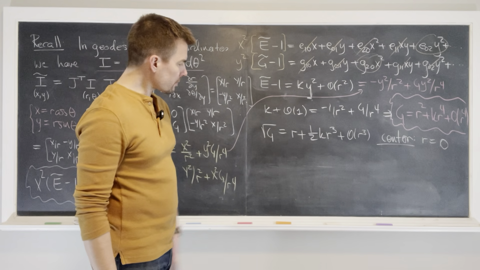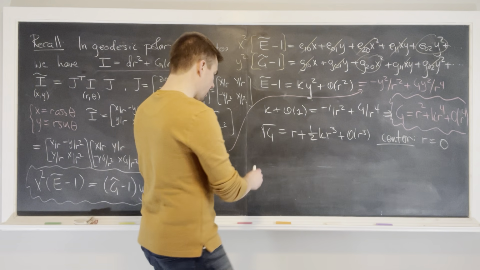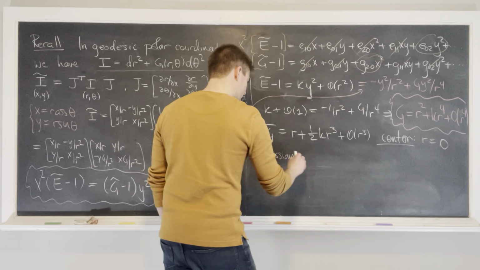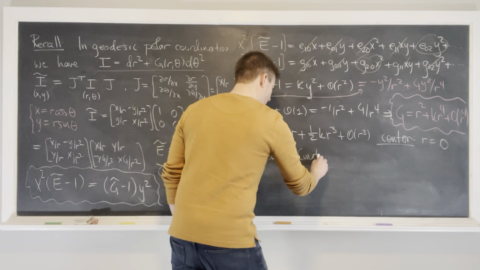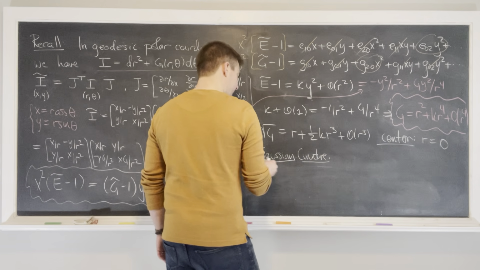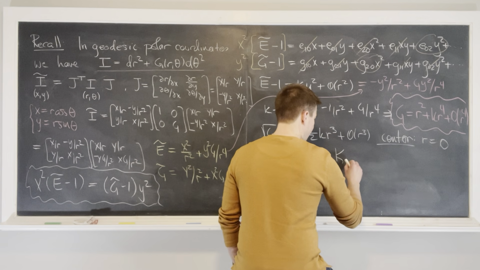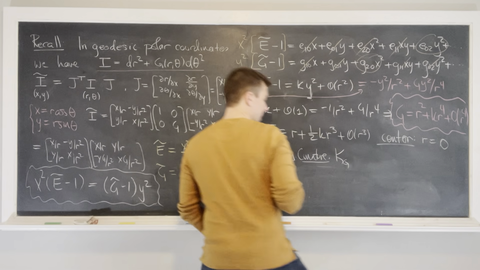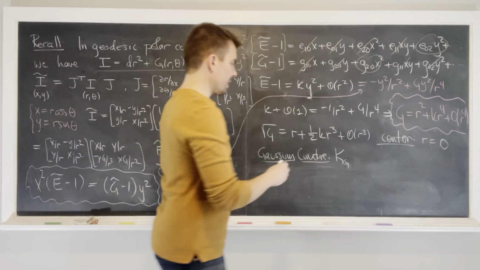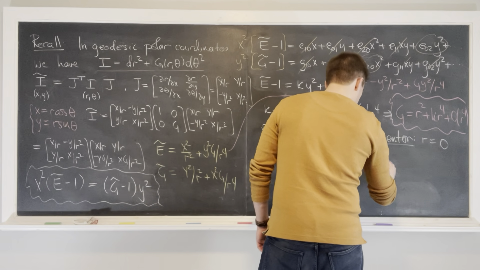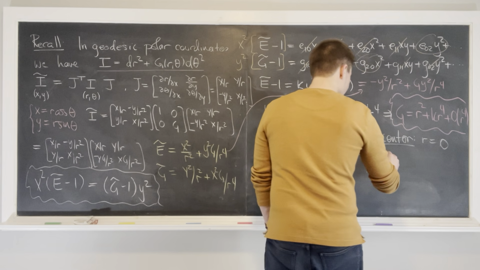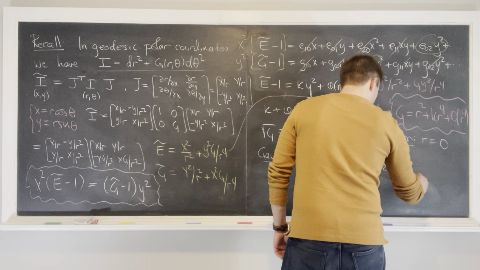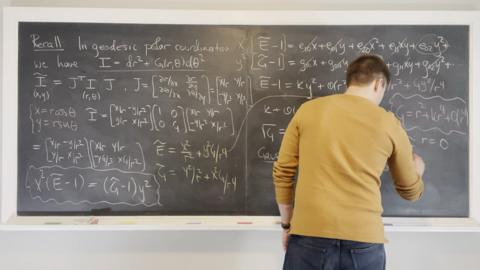I know what the Gaussian curvature is, right? So recall the Gaussian curvature is given by what formula? K, capital G for Gaussian curvature, is -1 over the square root of g times the second derivative with respect to r at r equals 0 of the square root of g.